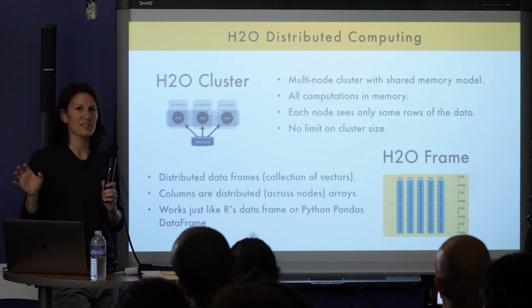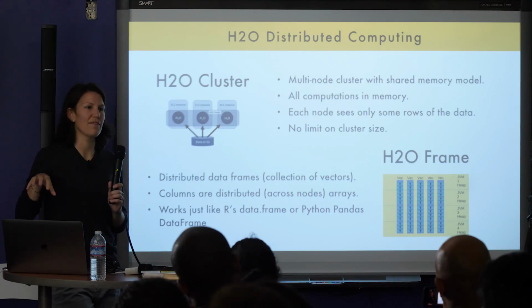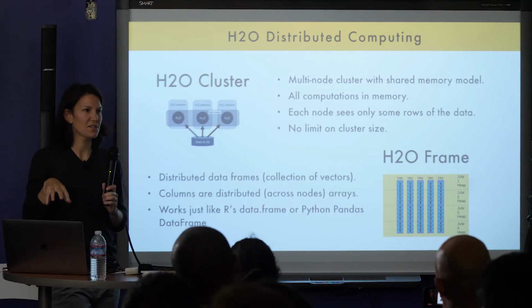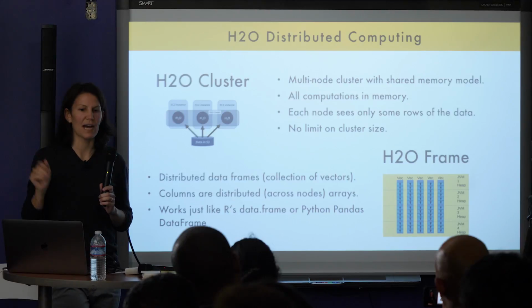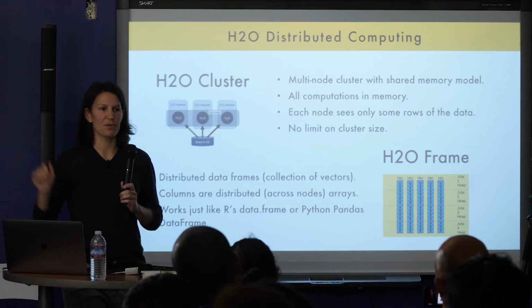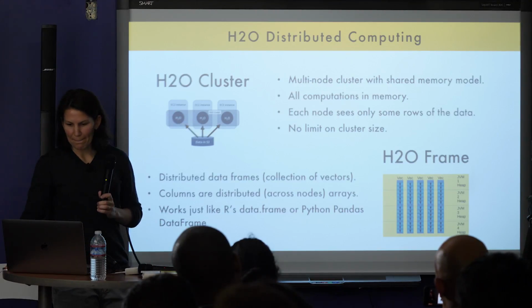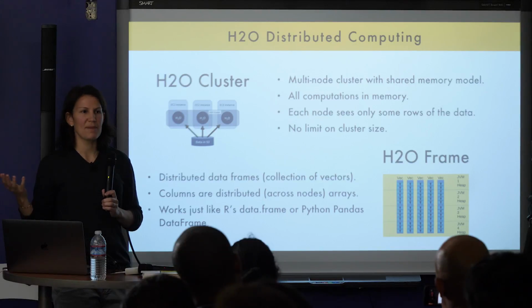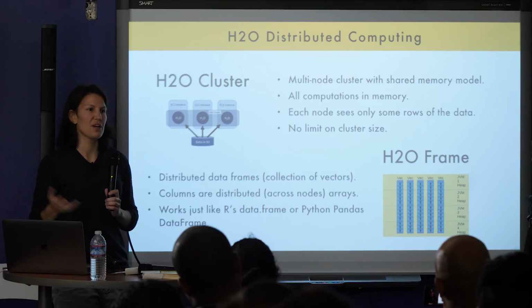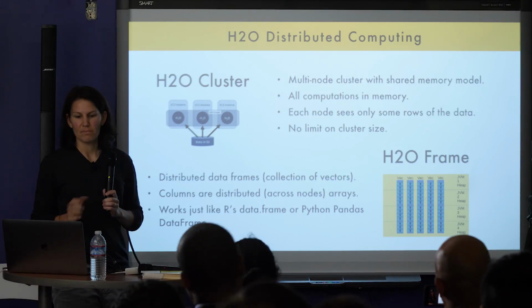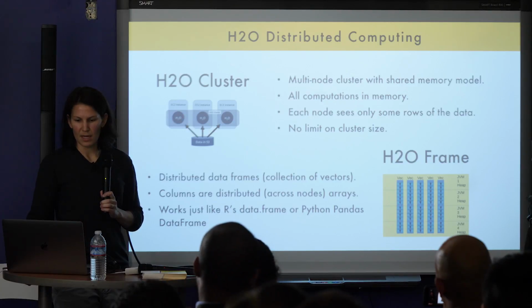The cluster is wherever you put it, and you have 100% control over it, and that's where your data is. There's no such thing as an H2O cloud or any sort of cloud computing component here. That's where everything happens. That's where you load the data, that's where you train the models. It's just a set-aside piece of memory where everything's happening.